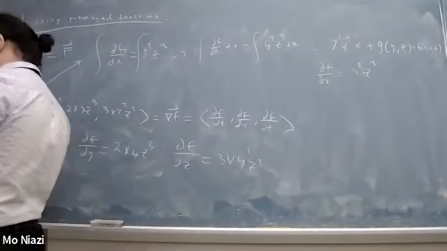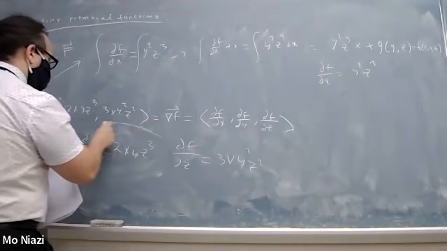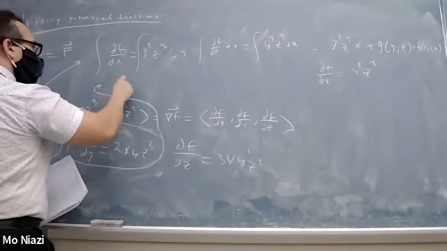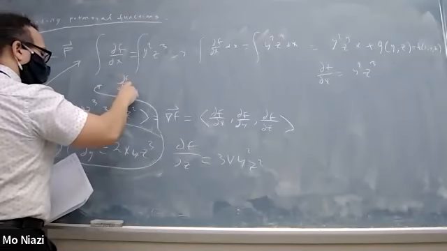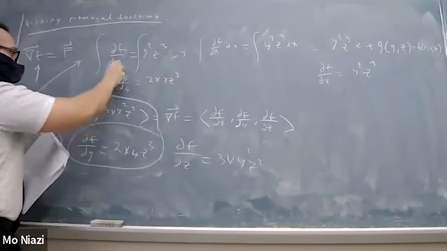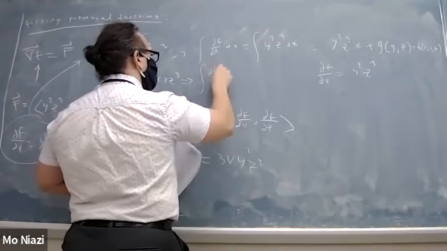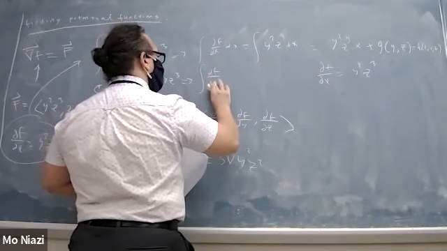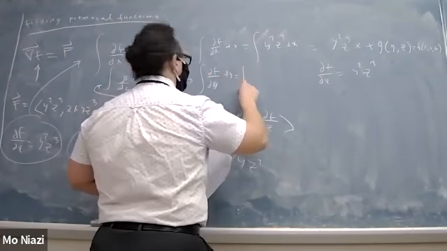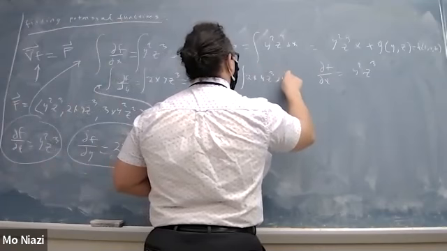So now let's think about what partial f, partial y is. Now we will address this guy. Partial f, partial y is equal to 2xyz cubed. Take the integral of both sides again. That means the integral of partial f, partial y, dy should equal the integral of 2xyz cubed dy.